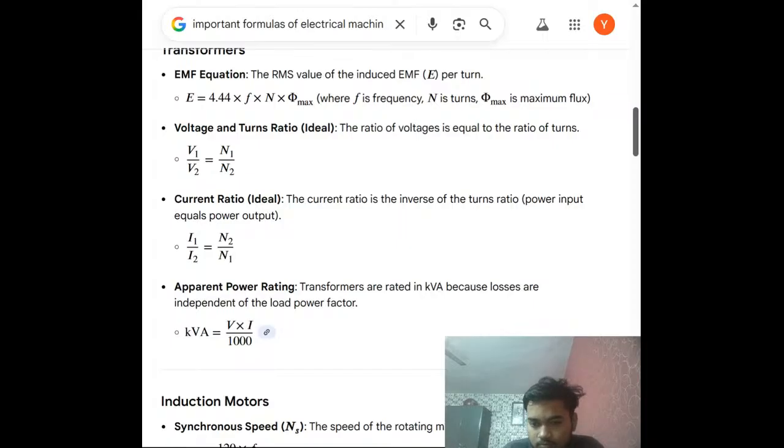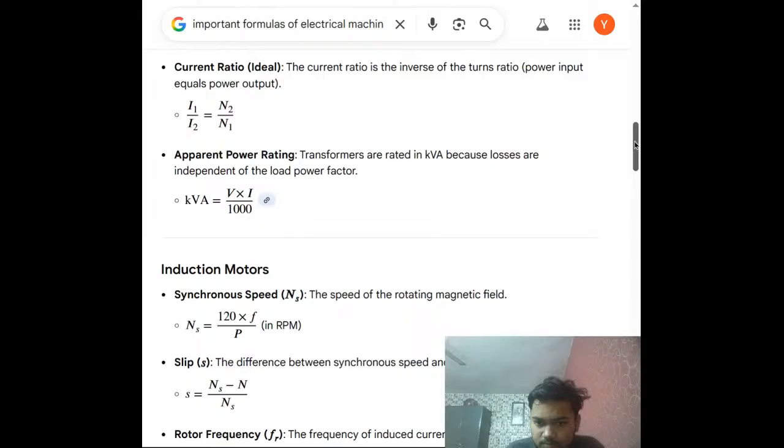Apparent power. The vector sum of active power and reactive power is equal to apparent power.